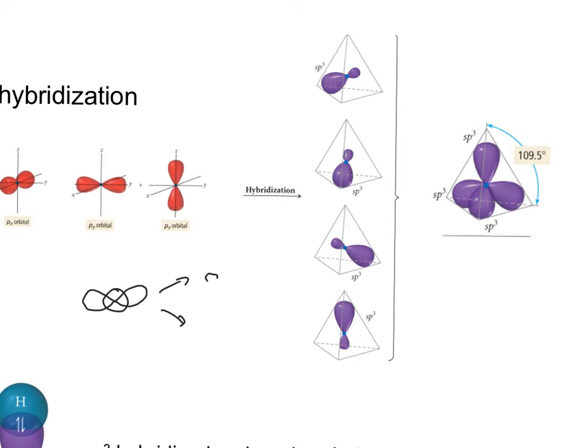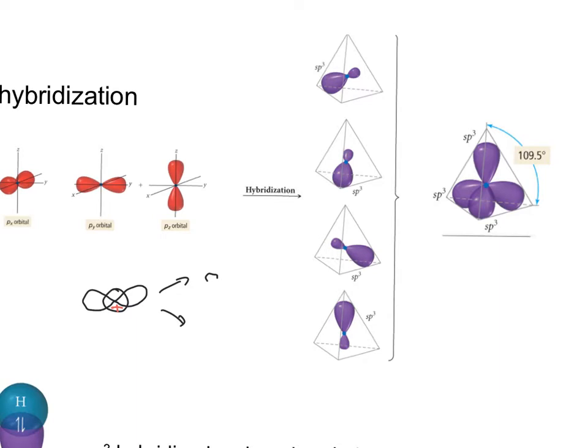Also, the waves, like a sine wave, for example, have positive and negative characteristics. Positive above the line, negative below. Orbitals are like that too. So an s orbital has positive all the way around, and it's not charged. This is just about the phase of the wave.